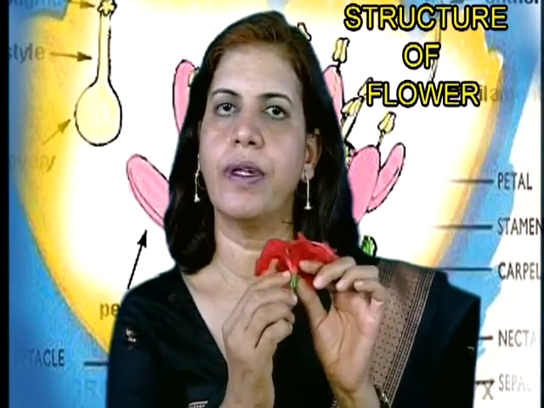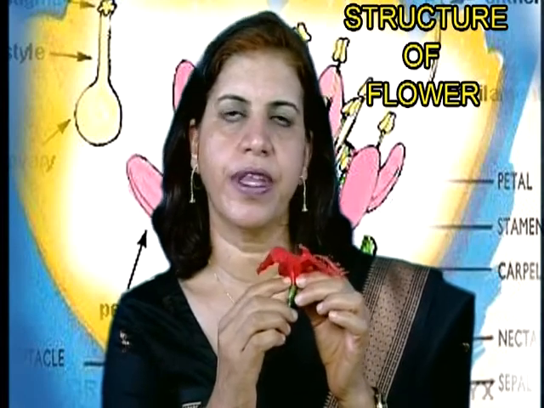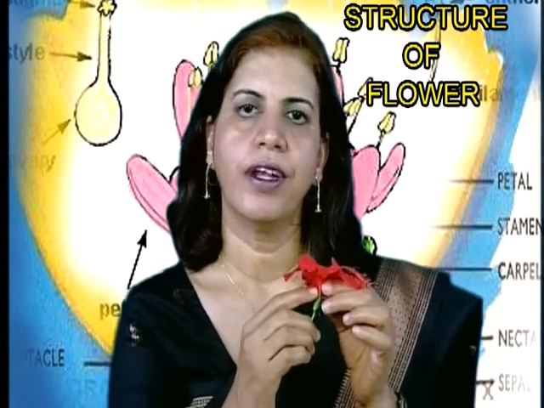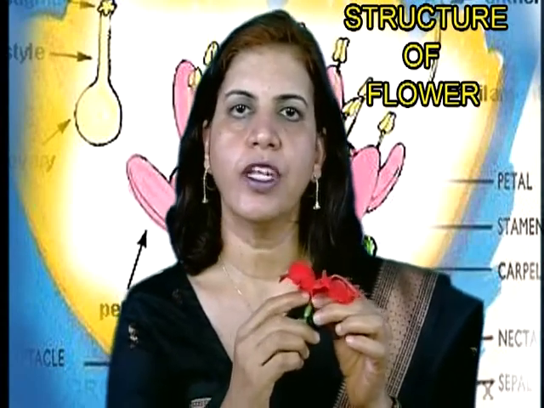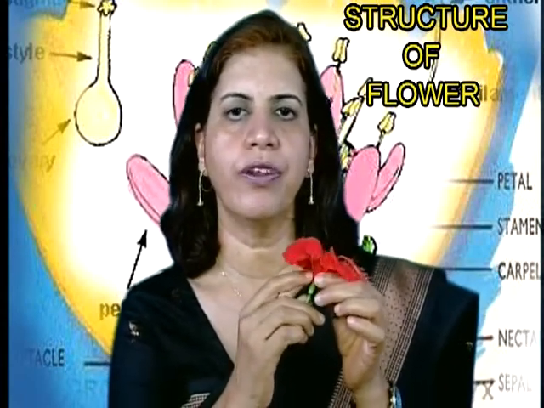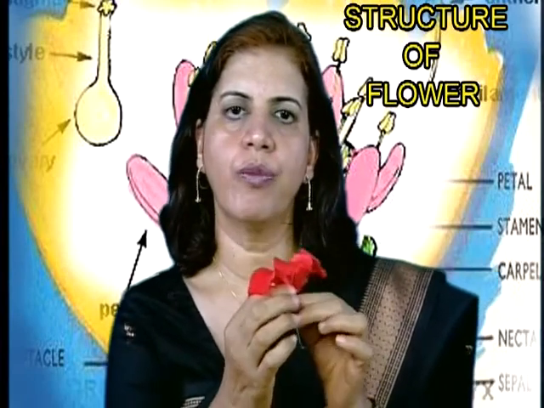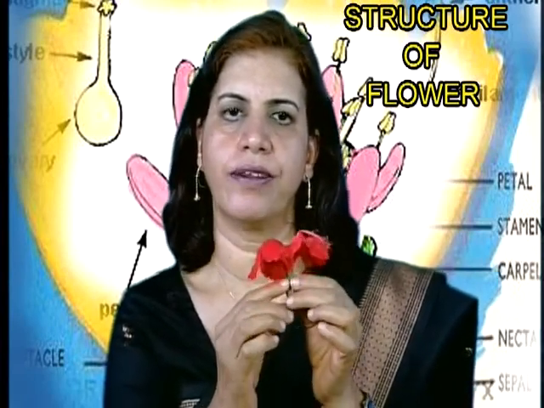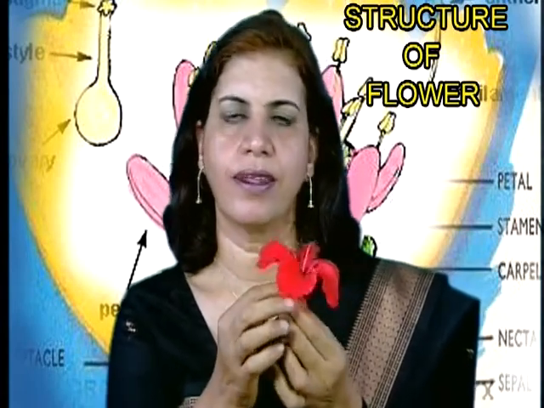These are the sepals. They are green in color. They have a leaf-like structure and are produced at the base of the flower, forming the outermost circle of appendages. Collectively, all the sepals are known as calyx.